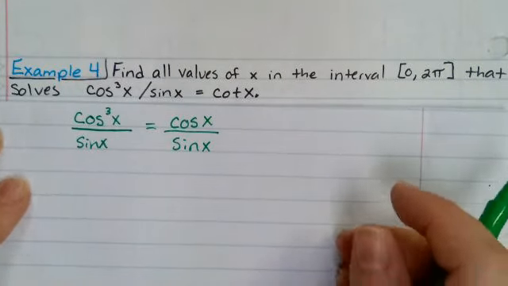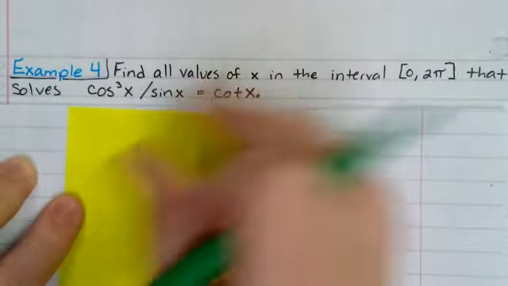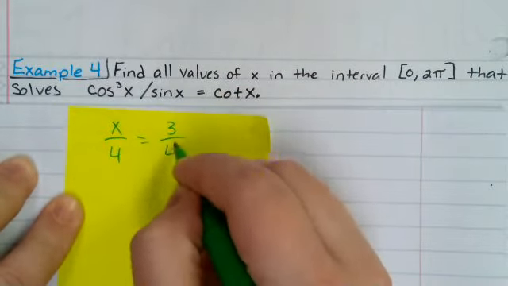And to me, I see this and immediately I'm like, oh, okay, so I can actually just set the numerators equal to each other, because if they're both over sine, it's the same idea as if, in an algebra problem, you had x over 4 equals 3 over 4.